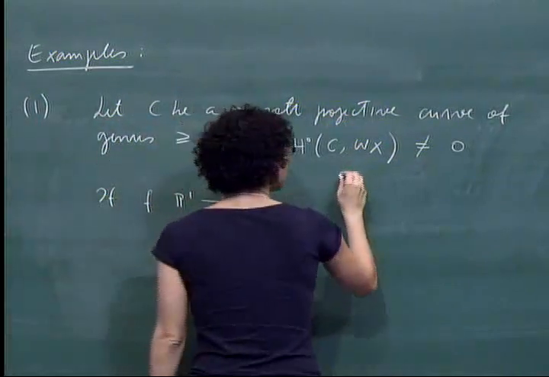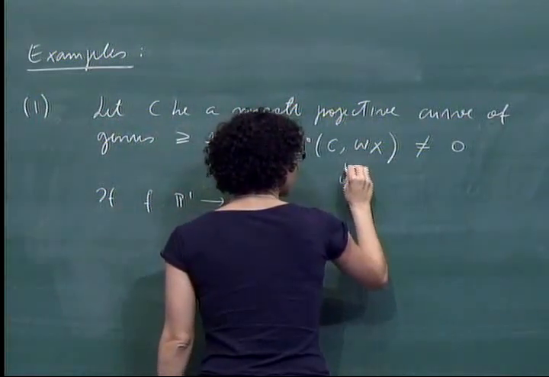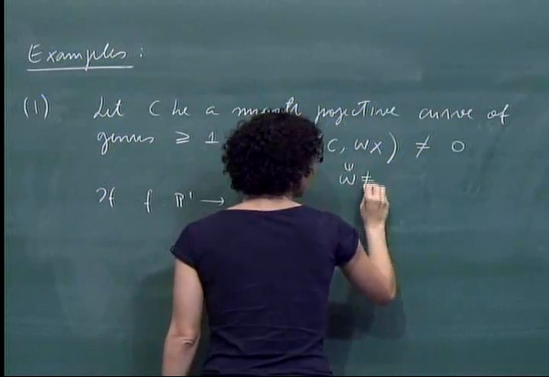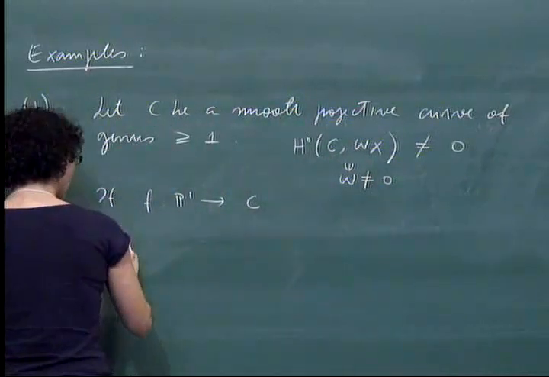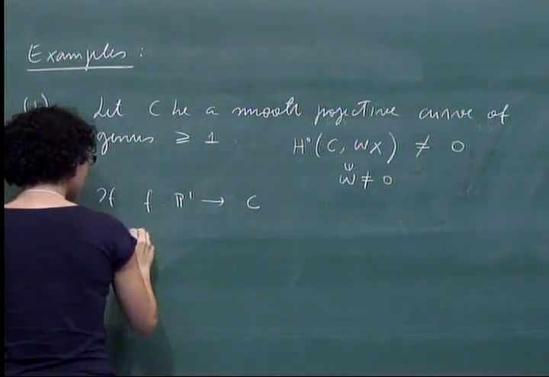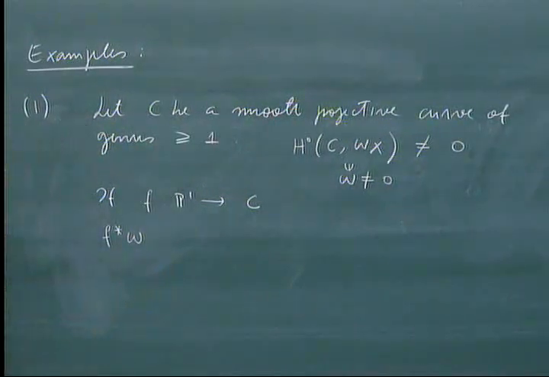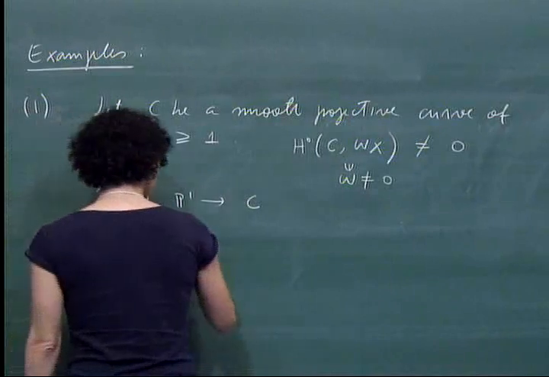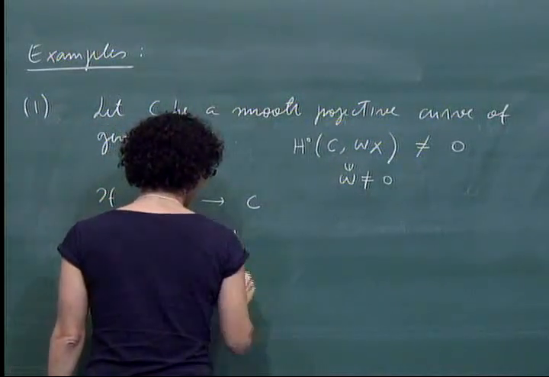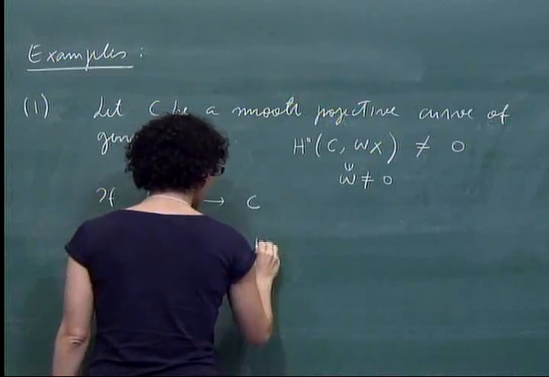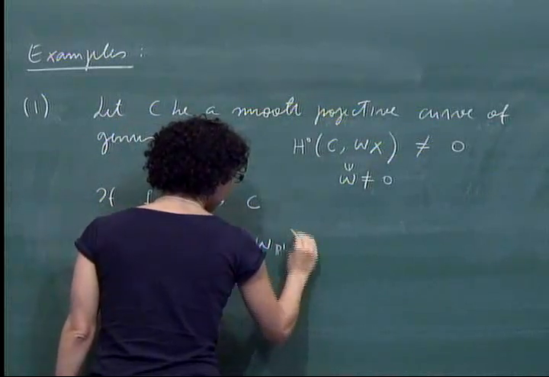We can take a non-zero differential form omega, and then pull back this differential form to P1. What we get is a global differential 1-form on P1.